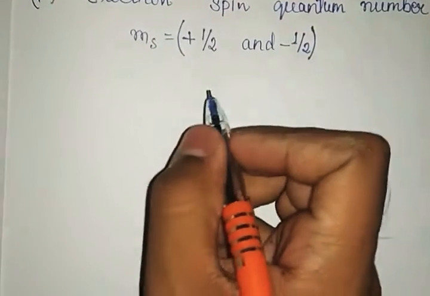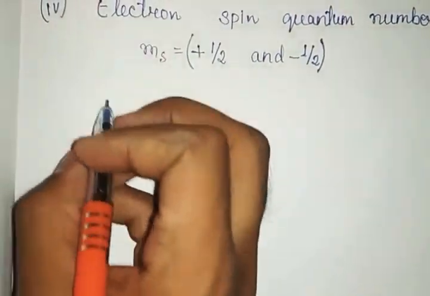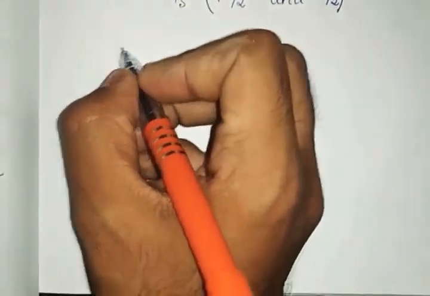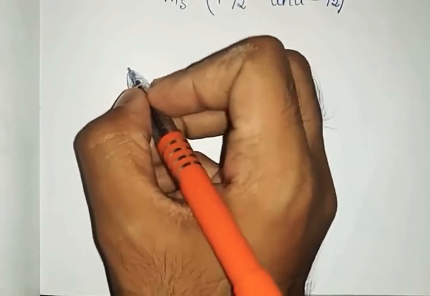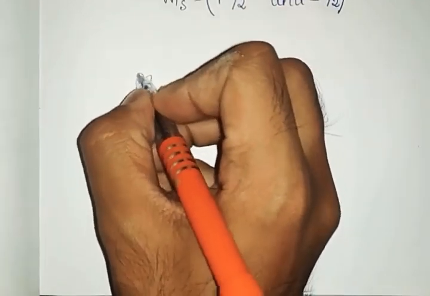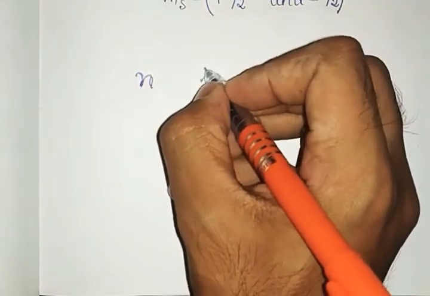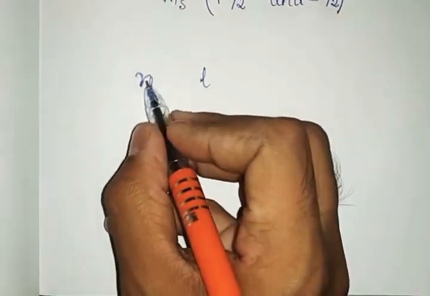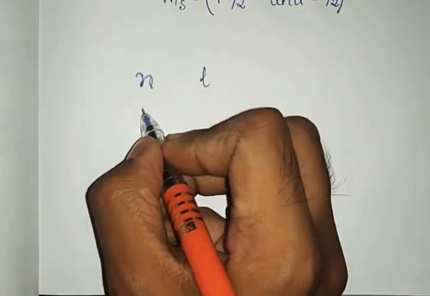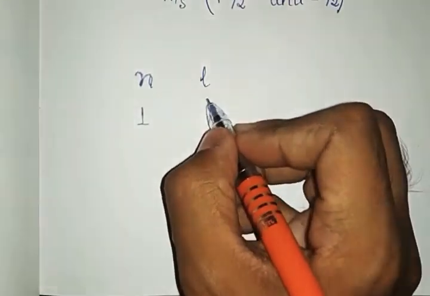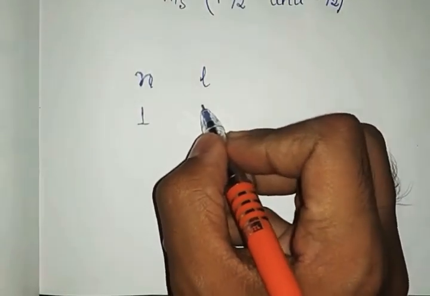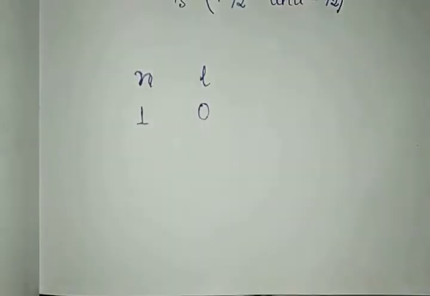So till now, whatever we have learned, the principal quantum number, that was n, and the azimuthal quantum number, that is L. Then if the value of n is 1, the value of L can be only 0, because it is from 0 to n minus 1.